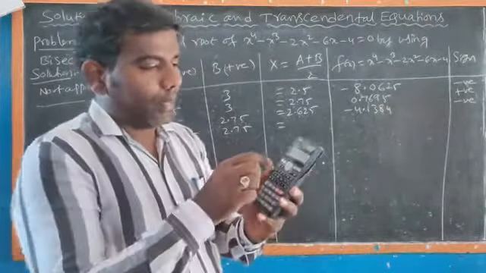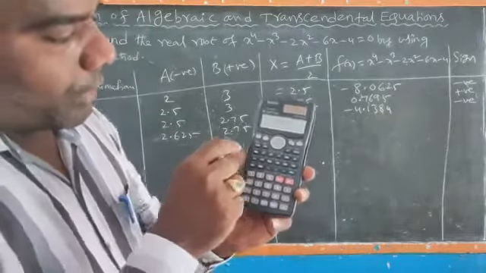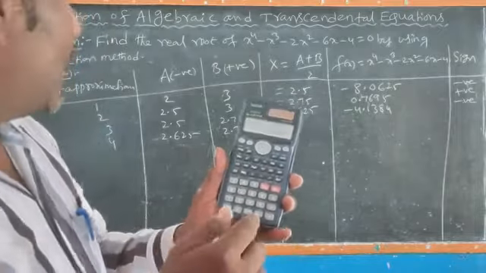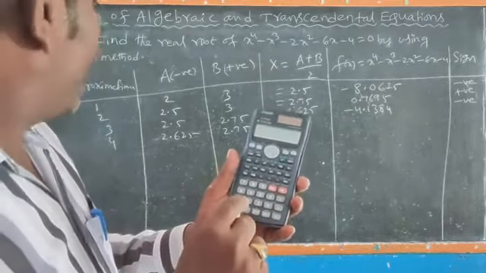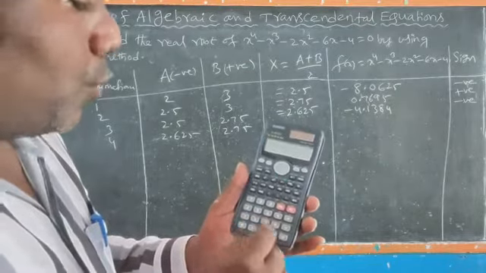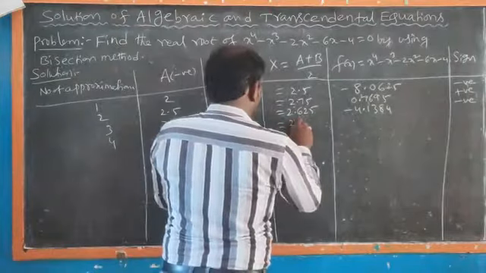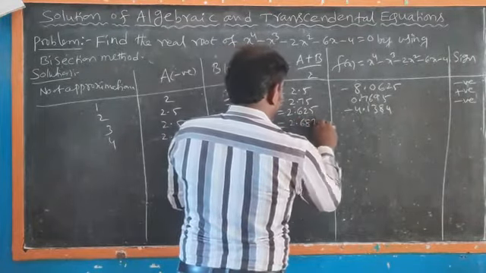Okay, the same process, alternately formula and equation. Now go back, we get the formula, then calculate what is a: 2.625, b value 2.75, that equals 2.6875.